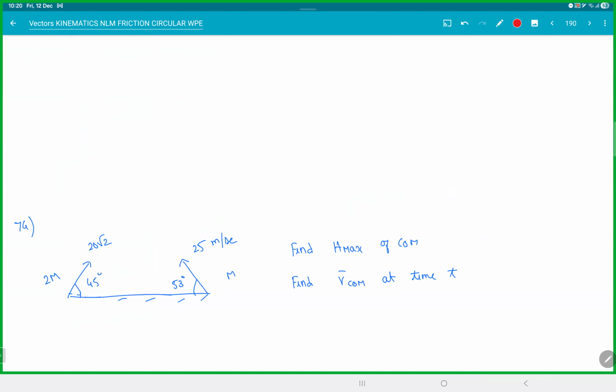Two particles are projected. Find the maximum height of the center of mass and find the velocity of the center of mass at time t.